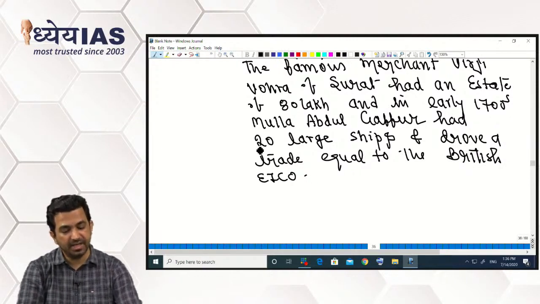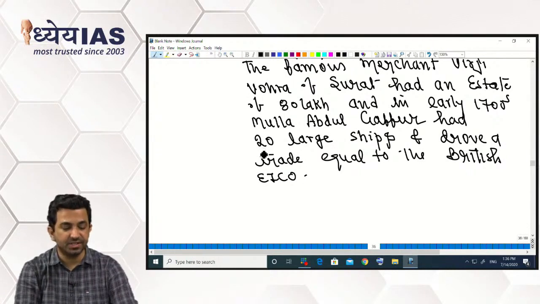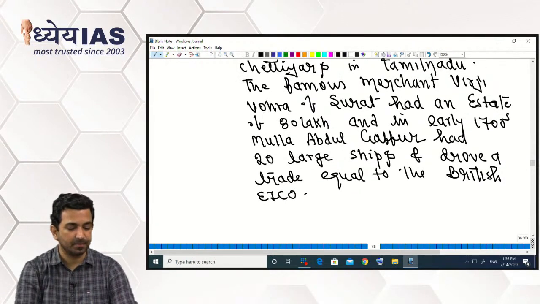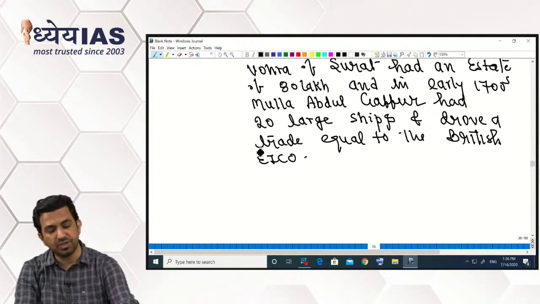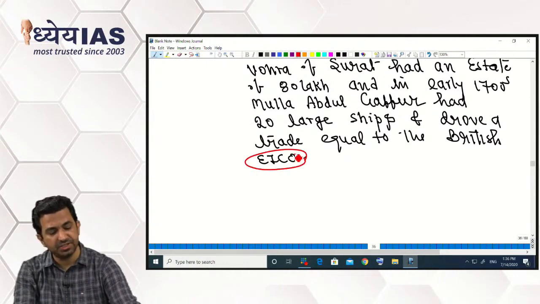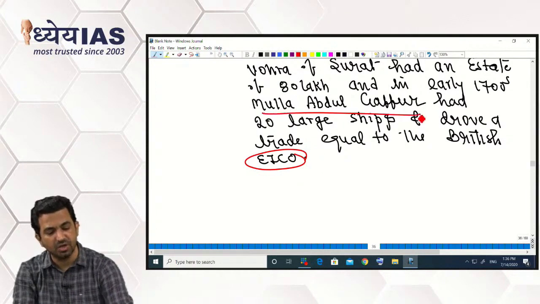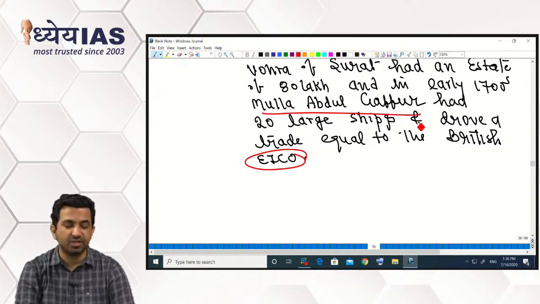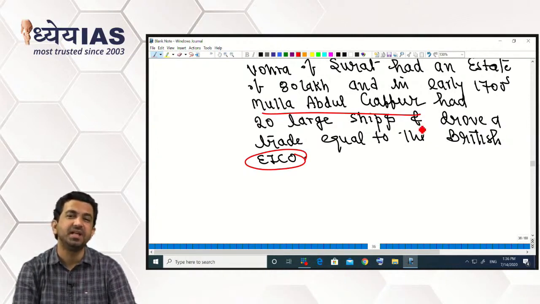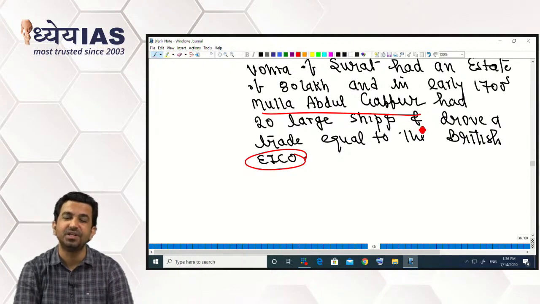So the total trade of the British East India Company was not more than that of a prominent trader of Surat named Mullah Abdul Ghaffur. This was the condition of the British East India Company before the mighty economy of India.